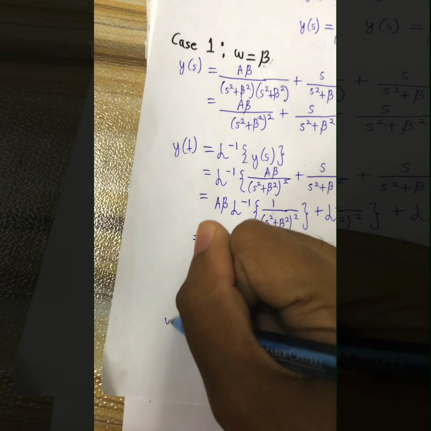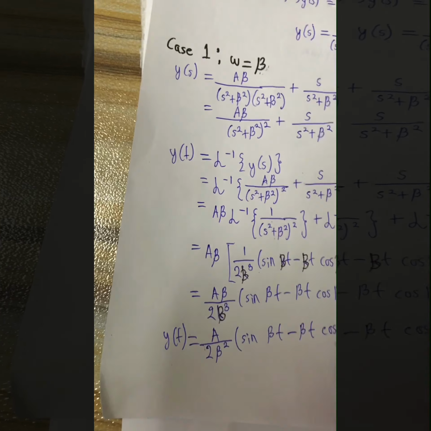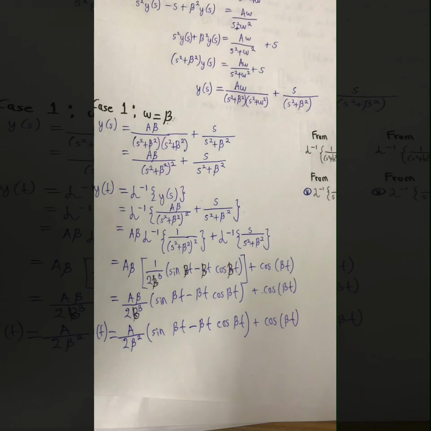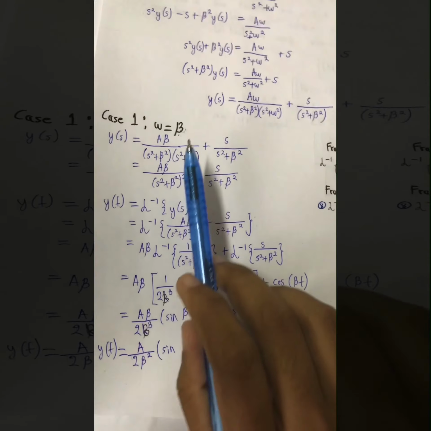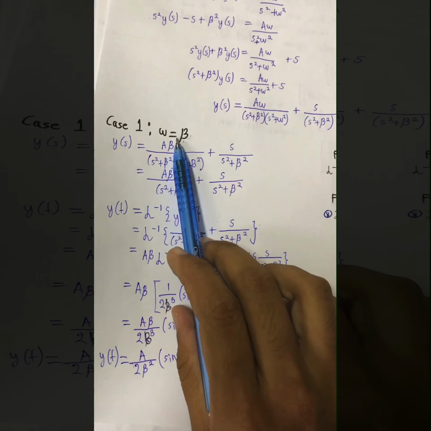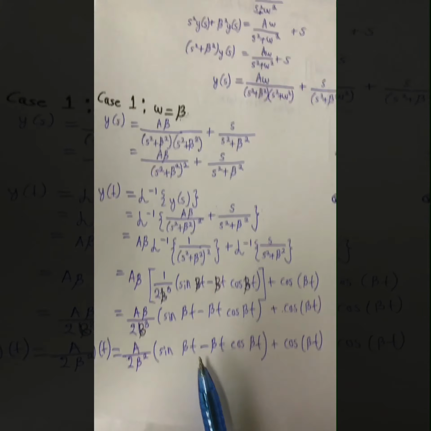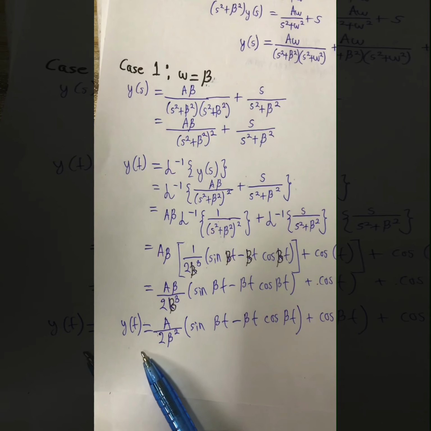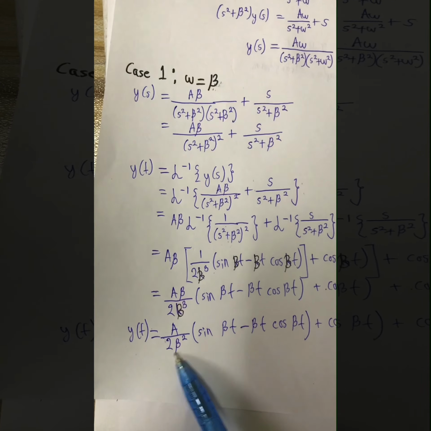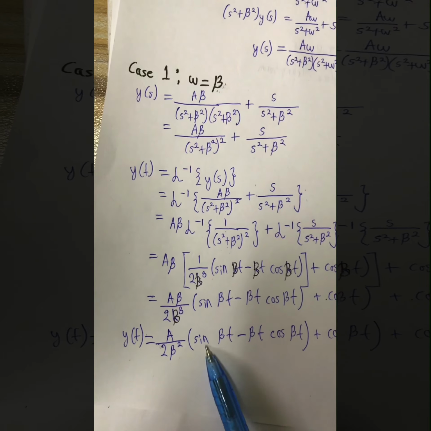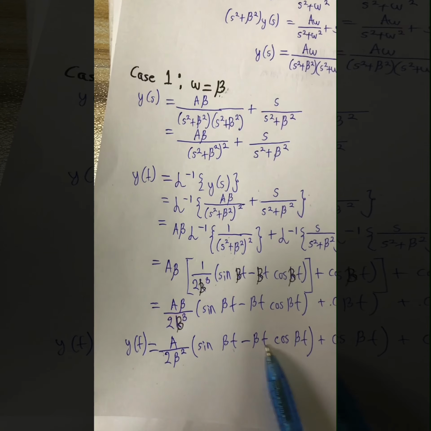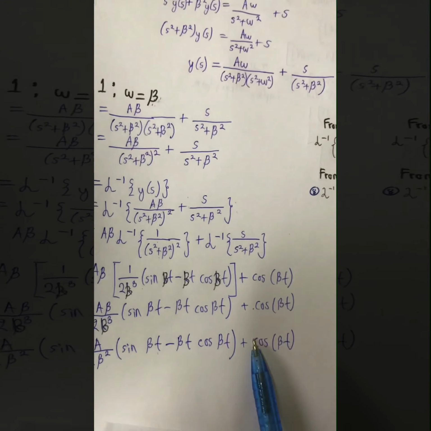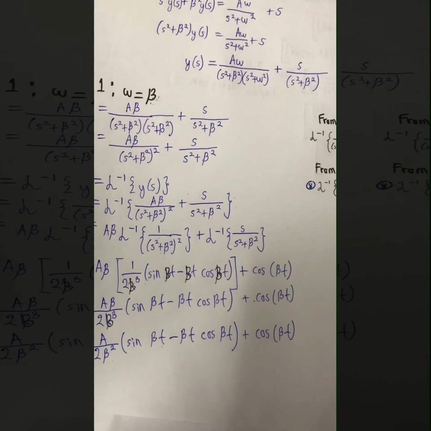So here is our y(t) for the first case, where omega is equal to beta, so we get y(t) is equal to alpha over 2 beta square times sin beta t minus beta t cos beta t, plus cos beta t.